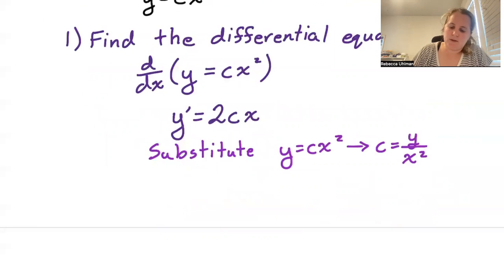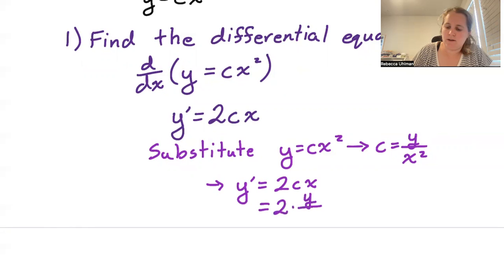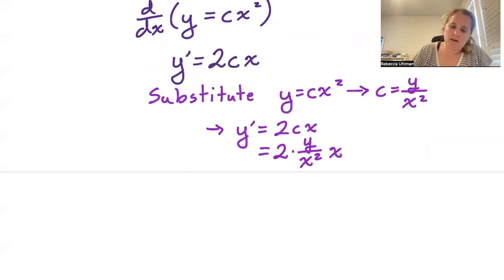And then we can substitute that in. So we have y prime is 2cx, which is 2 times y over x squared times x, so we get that y prime is 2y over x.